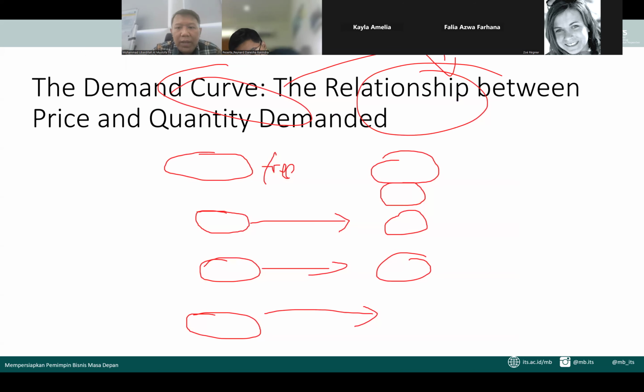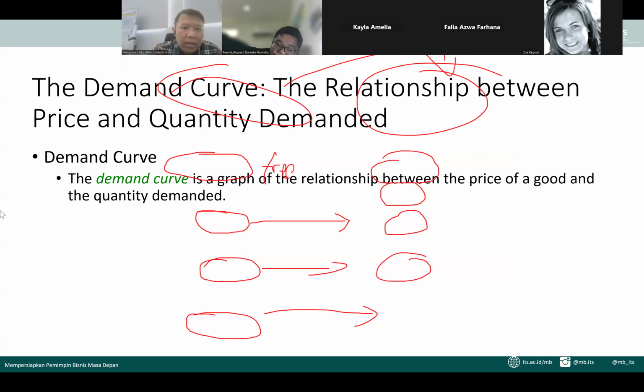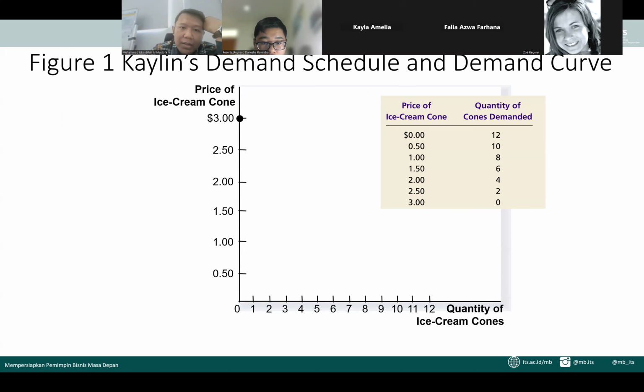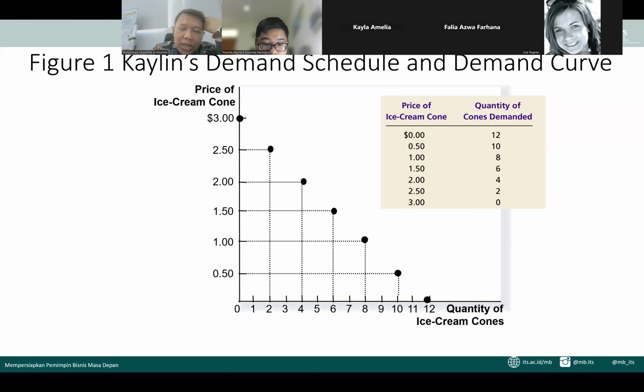Okay, so next we have the demand curve. This demand curve is a model. It is a graph which shows the relationship between the price and the quantity demanded of goods and services. If we draw the table on a graph, it will look like this. You see that we have a curve, and the slope of the curve is negative.